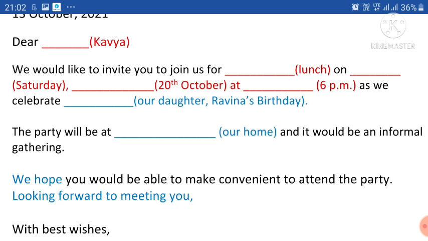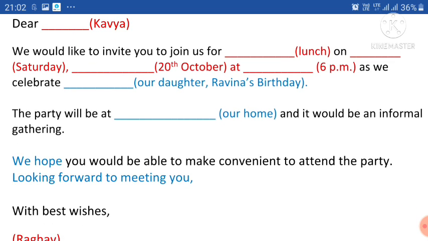For example, the party will be at Vrindavan marriage garden, or at hotel Mango, or hotel Residency, and it would be an informal gathering. I have very clearly written this thing about the informality of this gathering, so there are no guesses to be made on your part. It's pretty clear here. It's an informal invitation in the letter format, right?